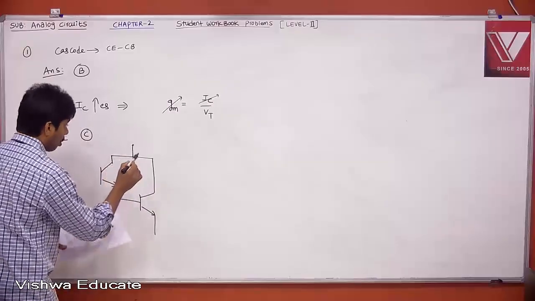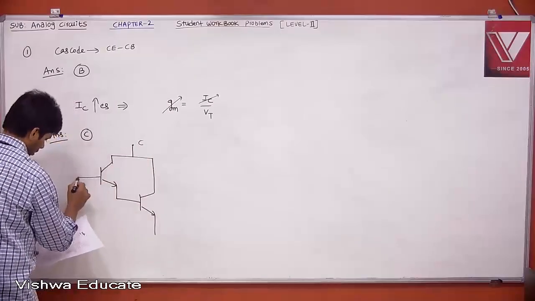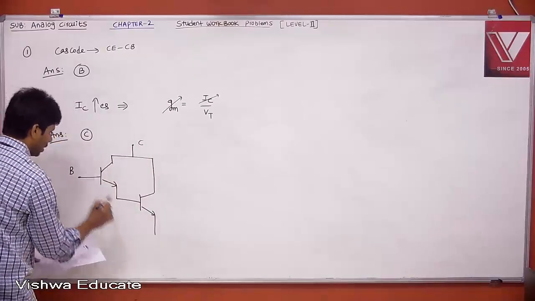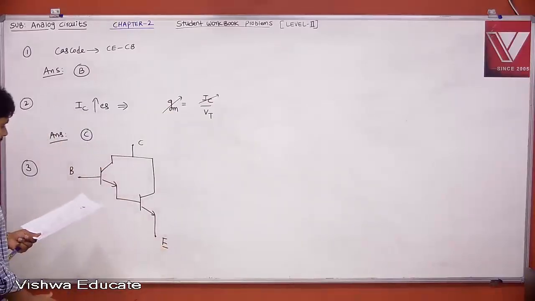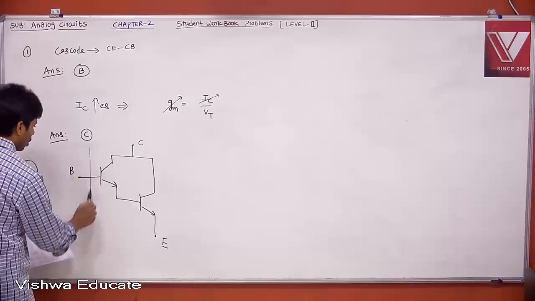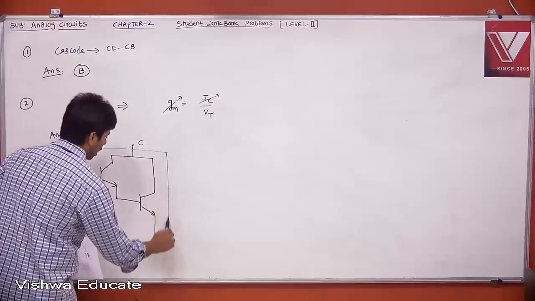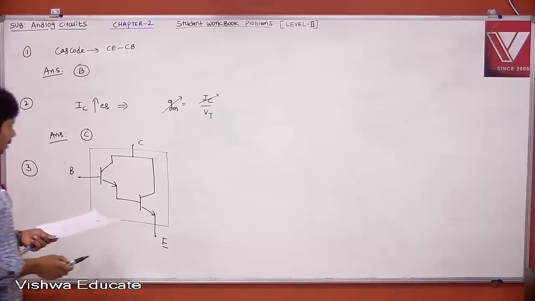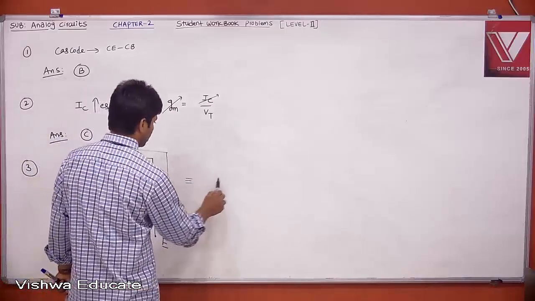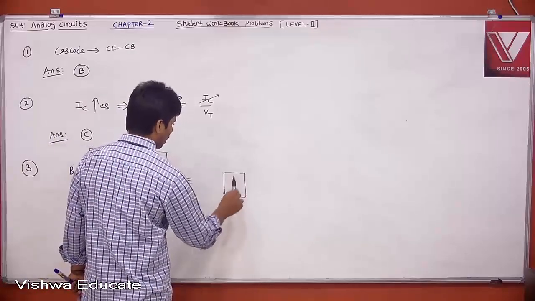This is your overall collector, and this is the overall base, and this is the overall emitter. That is what he told, right? This is your composite transistor having 2 stages. This is equivalently a block for you, right?